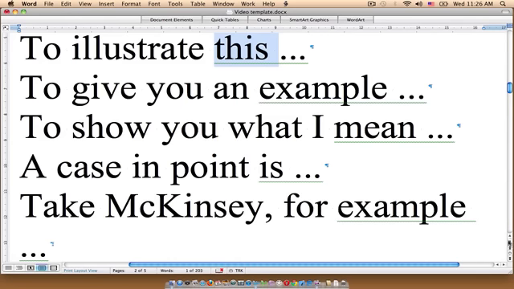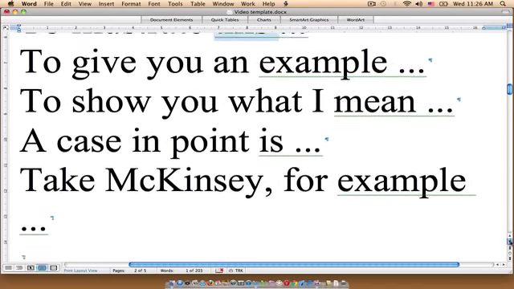Take McDonald's, for example. So McDonald's could be replaced with whatever our example is. This would be a way to introduce it. Or if we're talking about places around the world, I might say take Dubai, for example.